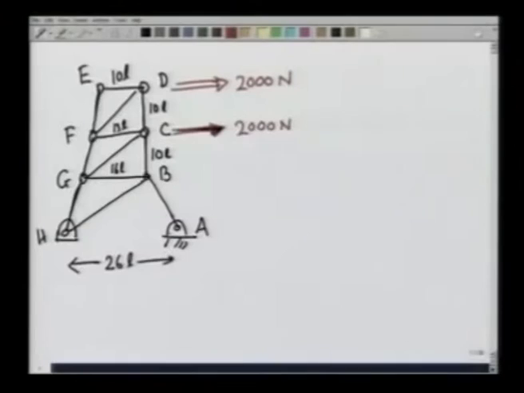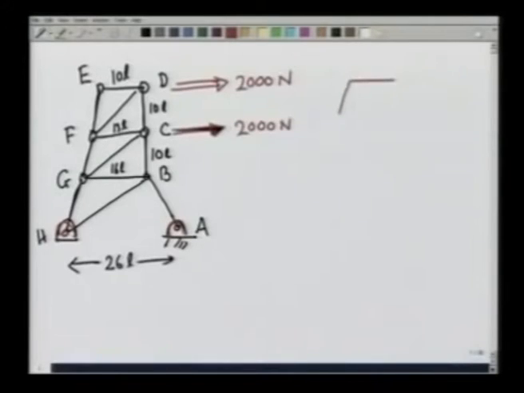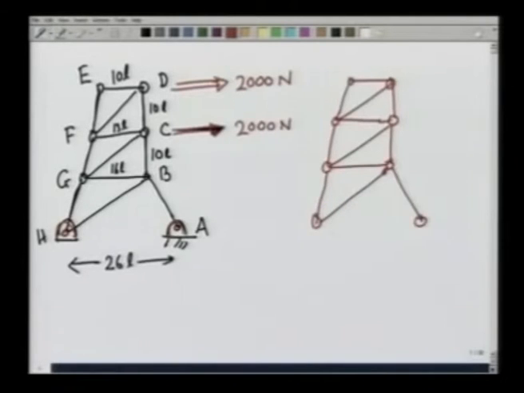Notice, since both point A and H are on fixed pins, this problem is statically indeterminate externally. Let us see how. If I take this structure, then there is a vertical force here, let us call it NAY, and in anticipation I am already assuming NAX is going to be to the left.